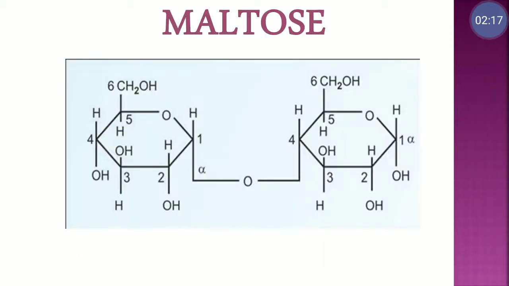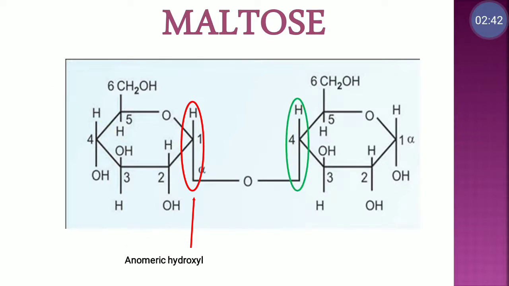In case of maltose, as we know, it consists of two units of monosaccharide glucose, that is alpha D glucose. In the first structure, which is shown in red color, initially there was an OH group at the bottom. So it is called the anomeric hydroxyl group. Whereas in the second structure, which is shown by the green circle, there was a hydroxyl group which is called the alcoholic hydroxyl group.